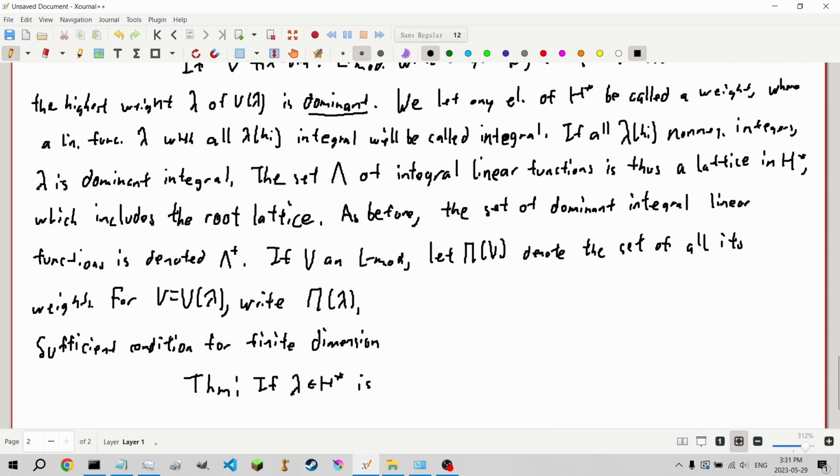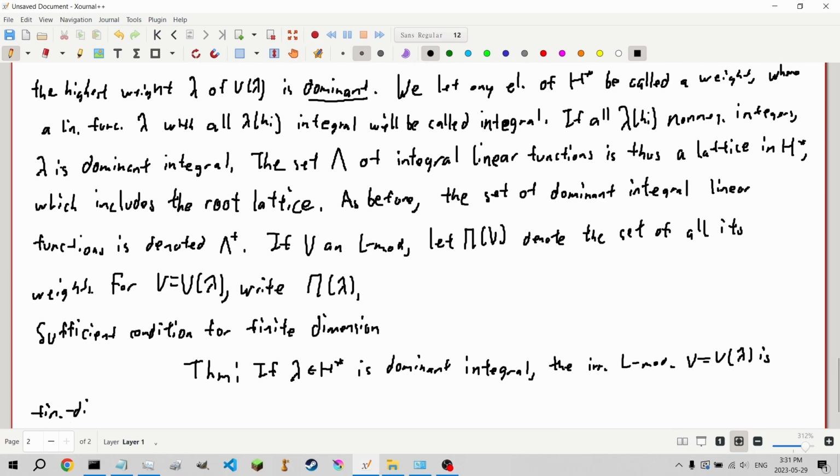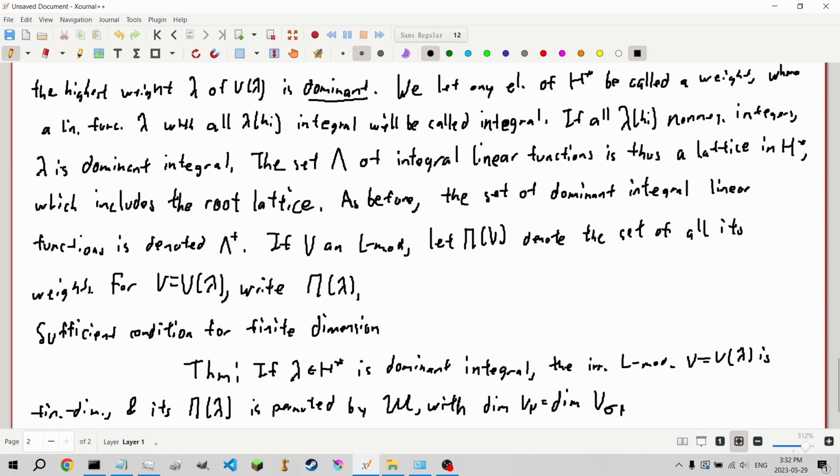If lambda is a dominant integral, then the irreducible L-module V lambda is finite dimensional, and its set of weights, pi lambda, is permuted by the Weyl group, with the dimension of V mu being the dimension of V sigma mu for sigma in the Weyl group.